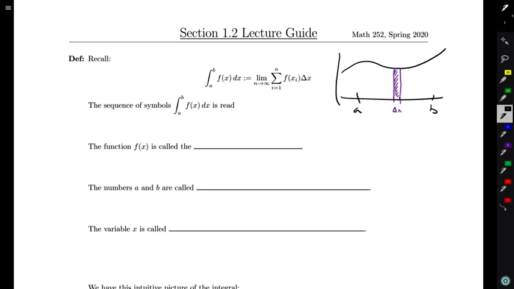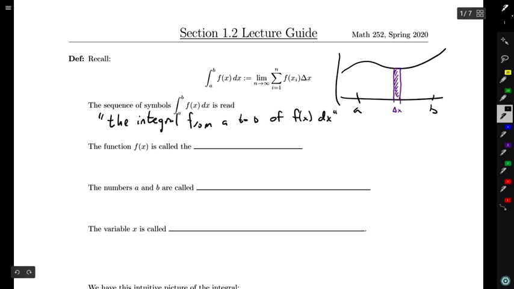So we're going to read this sequence of symbols as the integral from a to b of f of x dx. So that's how we'll read this out loud.